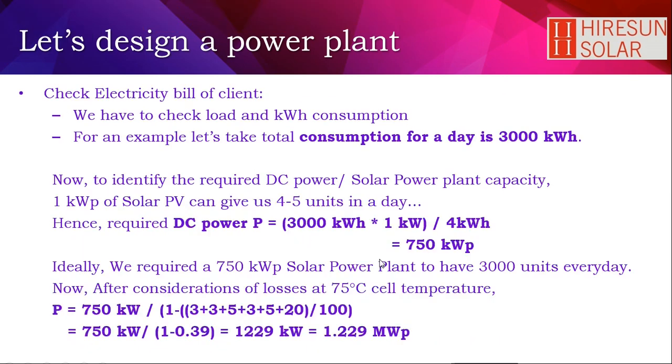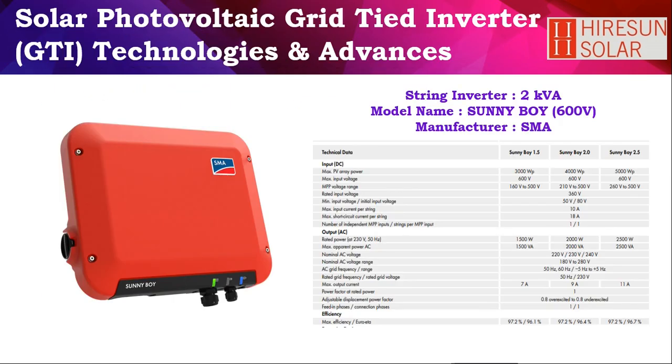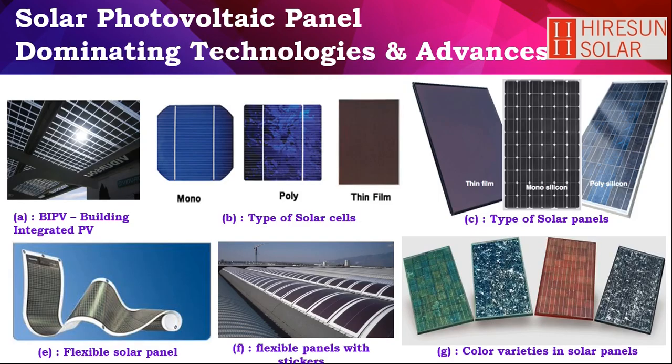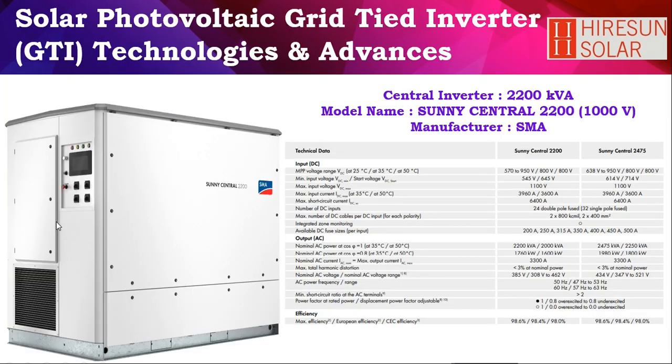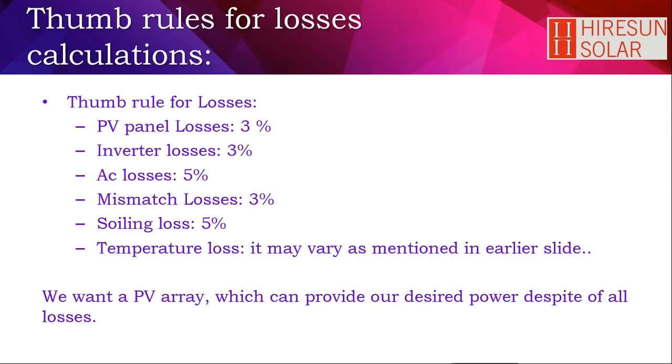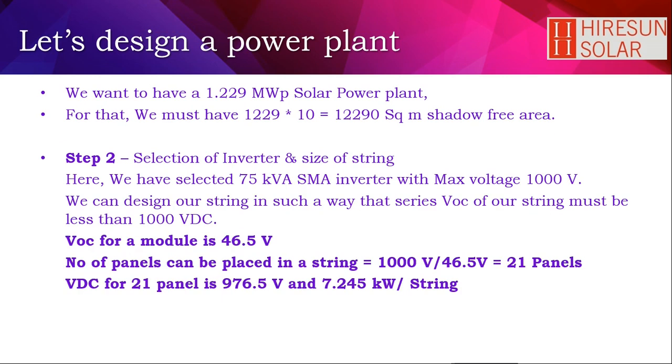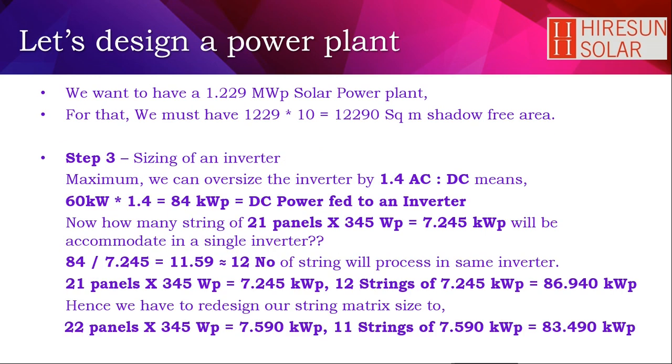So if you can go back over here, we are considering the 12 strings that could be accommodated with one inverter. That's what we designed, and that rating of the inverter is 60 kilowatt, and accordingly we are going to design the same thing. So 84 kilowatt peak power divided by 7.245, it is 12.